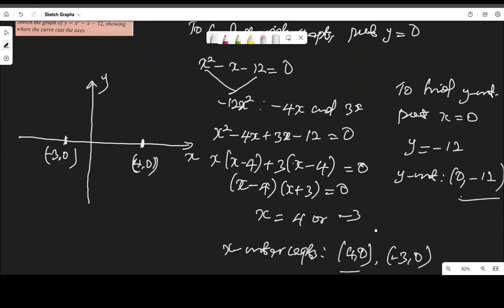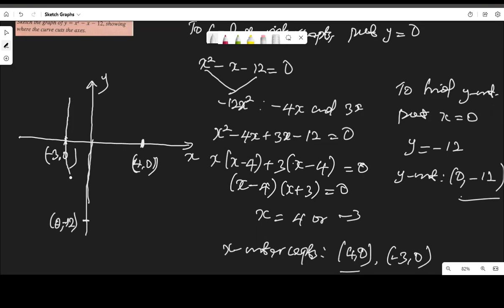Then y is negative 12. Let's assume the negative 12 is somewhere here. Negative 12, then 0 and negative 12. So we now join all of these points together with a U-shaped parabola.